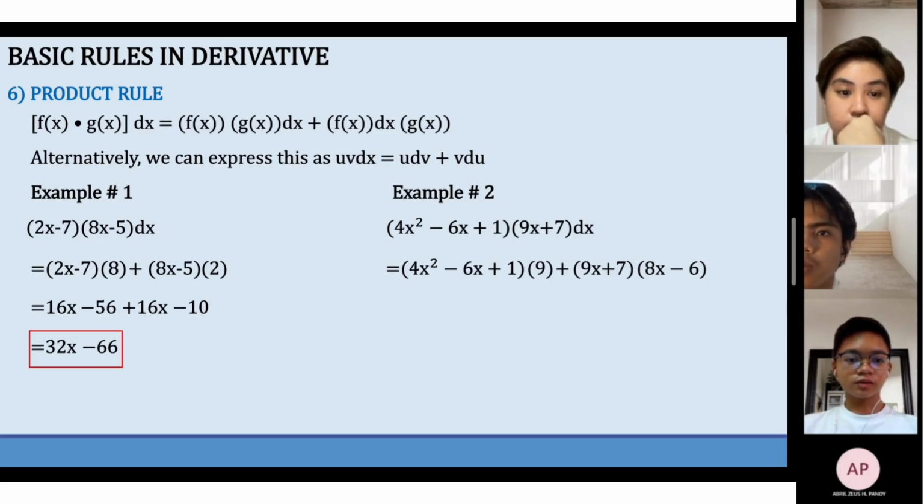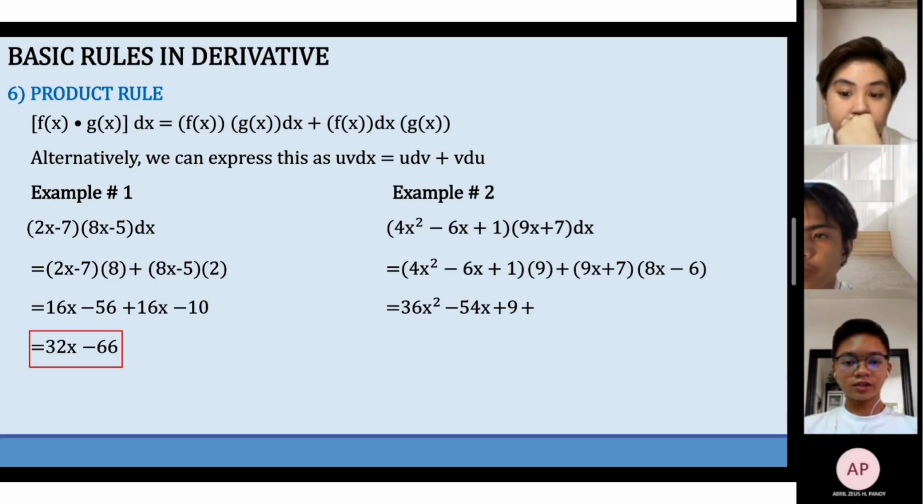Then again, 4x squared times 9 is equal to 36x squared. Then negative 6x times 9 is equal to negative 54x. Then 1 times 9 is equal to 9.